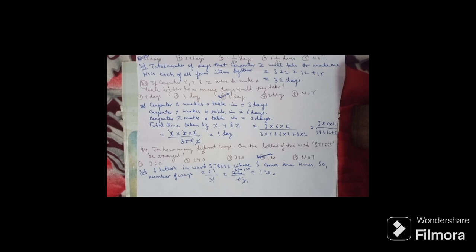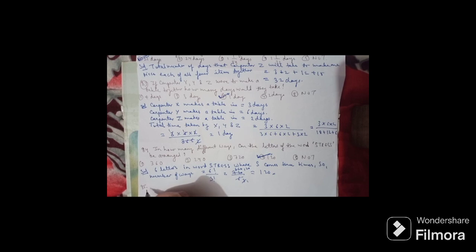Options are 1,07,914 square feet, 1,20,736 square feet, 1,07,362 square feet, 1,27,306 square feet, and none of these. So we'll go for it.